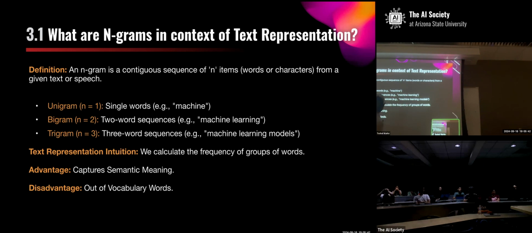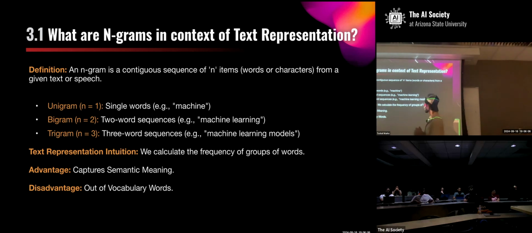Similarly, if it is a bigram model, n equals 2, we take two words at a time, 'machine learning', and the next one in this bigram model will be 'learning models'. And if it is a trigram, we'll take three words at a time and calculate the frequency of 'machine learning models', how frequent this whole sequence is instead of just a word.